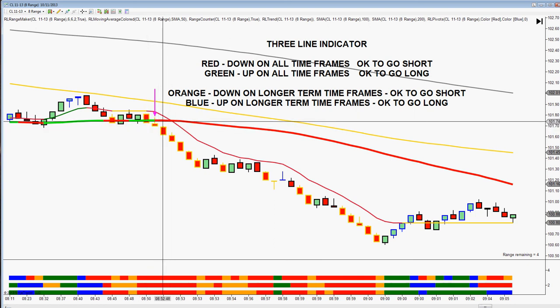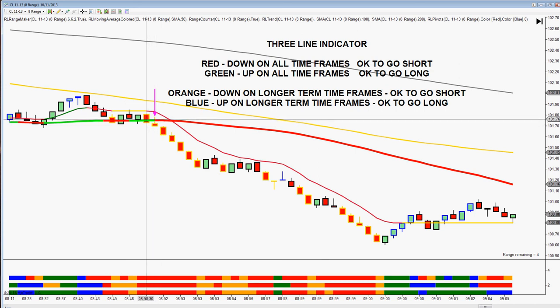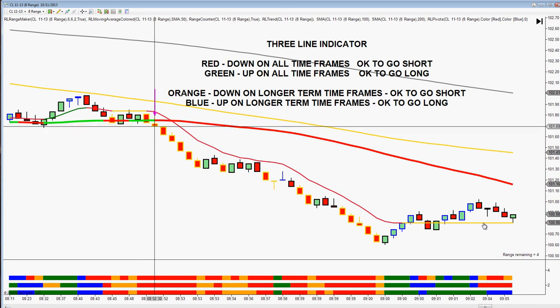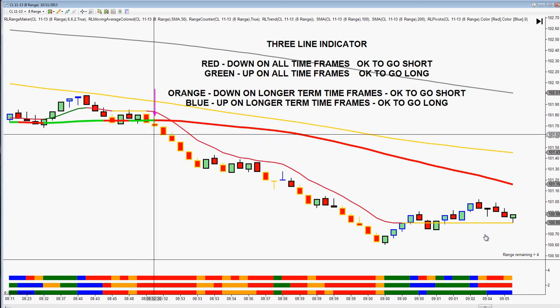We must have a broken 50-day SMA, and Steve Nison, really the candlestick maven of the world, defined a break of a trend line by a 2/3 candle close below that trend line. Now the body of this candle does not close below the 50, but this one does. So we've met all of our market structure criteria.